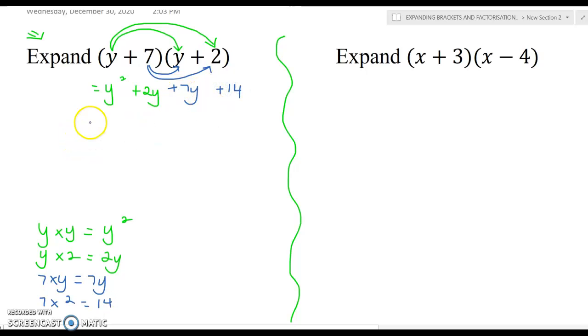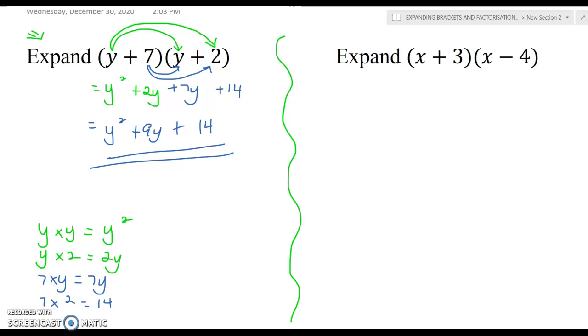And then we can write our answer together. So y squared plus 2y plus 7y, that's 9y plus 14. And again, this is our final answer. And remember, you can't add y squared and 9y. Y squared and y are totally different.